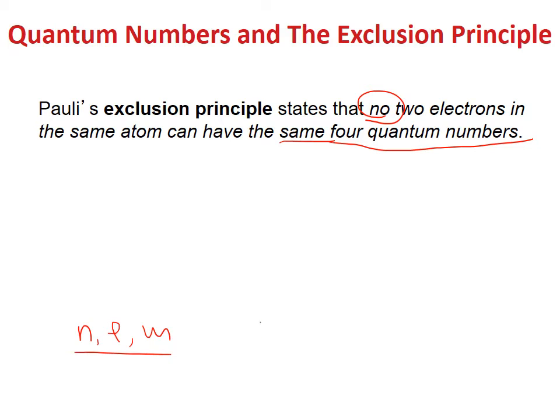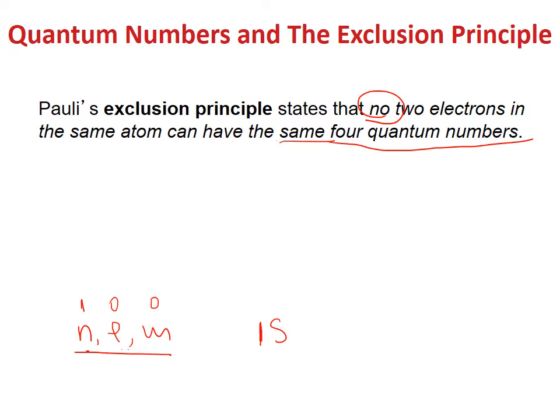For example, 1s orbital. In this case, N is 1, L is 0, that's s orbital, and M can only be 0, so 1 orientation. So that's 1s, only 1 orbital. Now, if 2 electrons are in the same orbital with the same N, L, M, according to Pauli exclusion principle, the 4th quantum number cannot be the same.